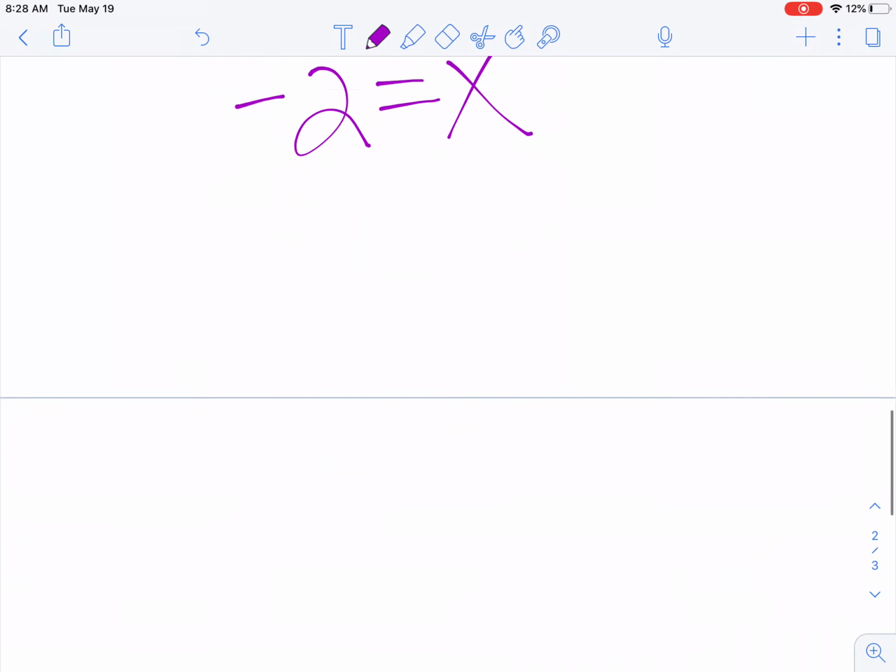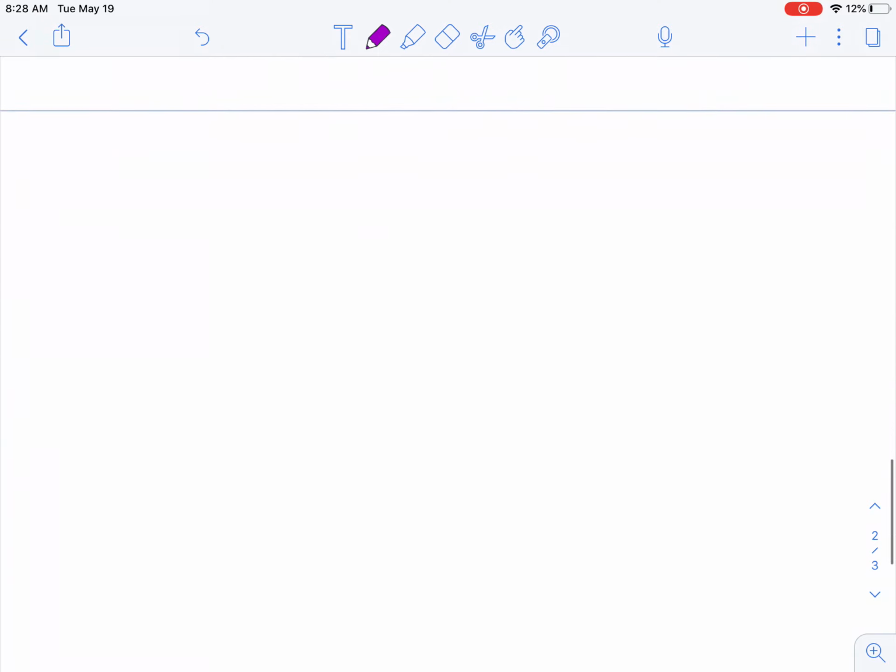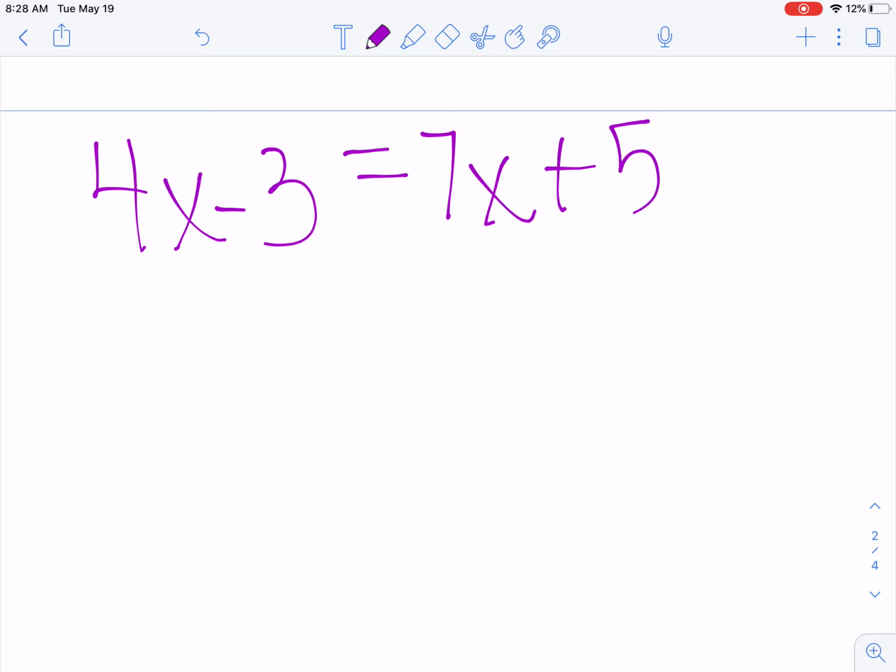So sometimes equations don't always work out and have a single solution like those ones did. If I have this one, there's a couple steps that we need to do before we start solving, and that is simplifying.